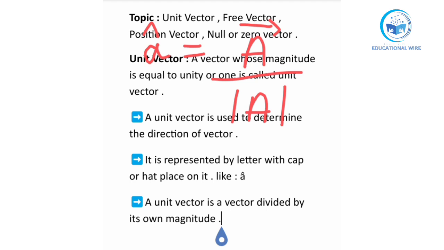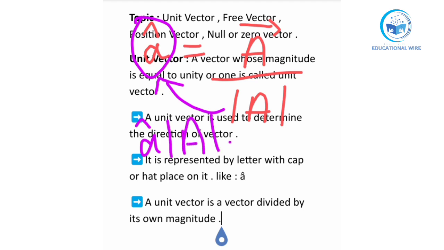So here we are having the unit vector. Now it's dividing here. When it goes to the other side, it will multiply directly. So what will happen: unit vector multiplied by magnitude is equal to the direction of the vector.